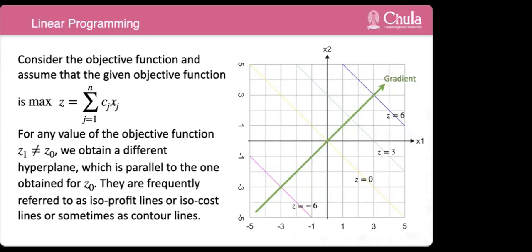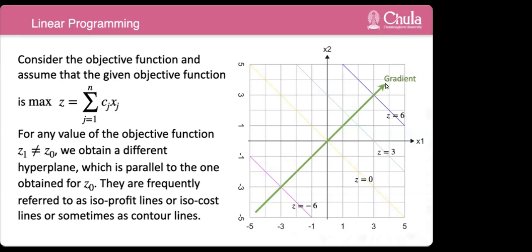If you change the plane, for example here in 2 dimensions, from this yellow line to this teal line, you change the objective function, but all the points x1, x2 on the same yellow line have the same value of the objective function, right? That's the reason we call it isoprofit.